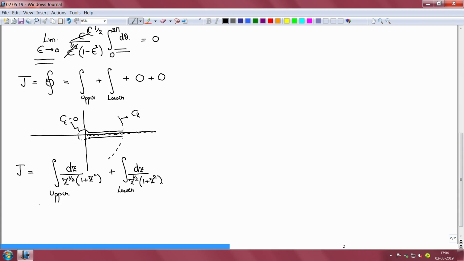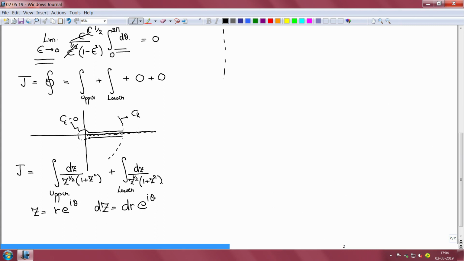Now let in both these cases z be equal to r e to the power of I theta. Okay. And dz is equal to dr e to the power of I theta, because theta is a constant on each of these portions.